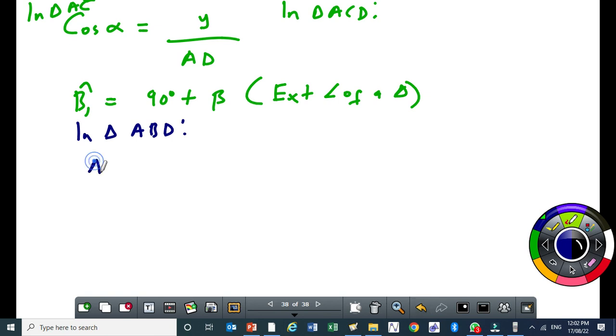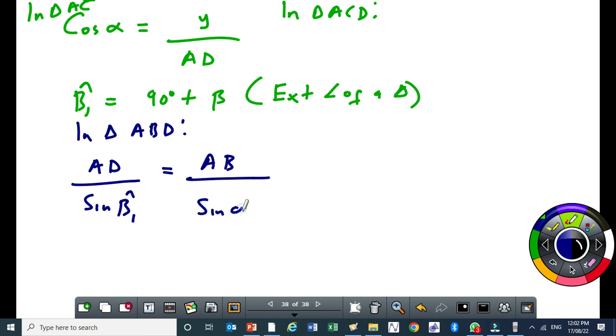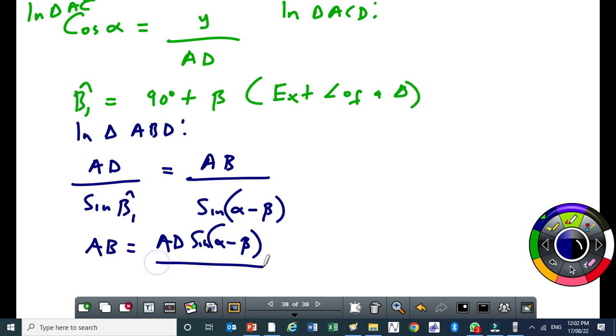So it's going to be AD over sine B1, equal to AB over sine alpha minus beta. What are we trying to calculate? It's AB. So AB will be equal to AD sine alpha minus beta all over sine B1. B1 is going to be equal to 90 plus beta.